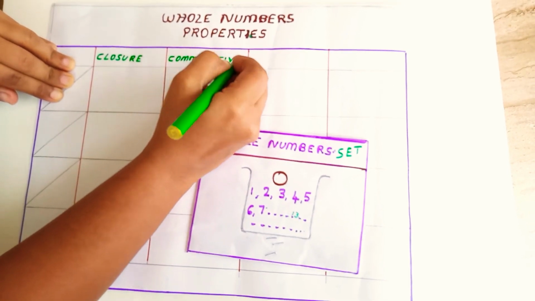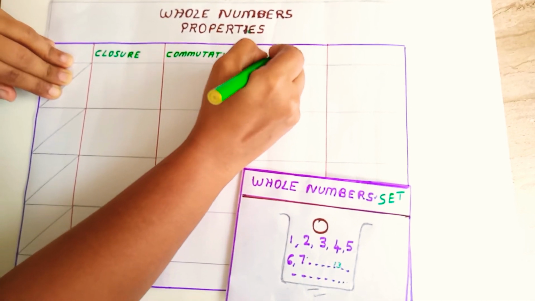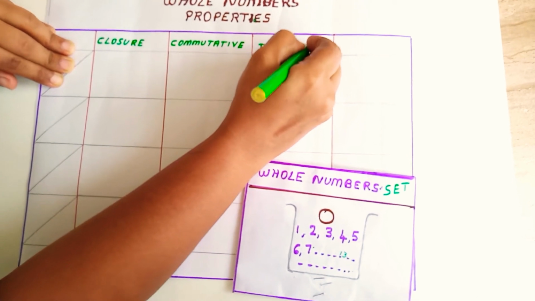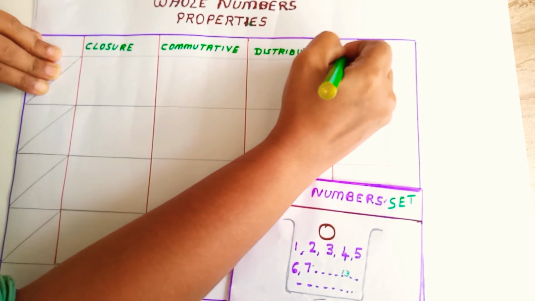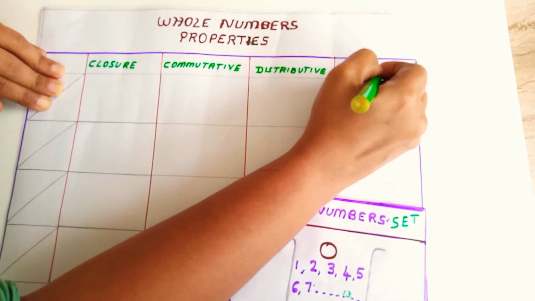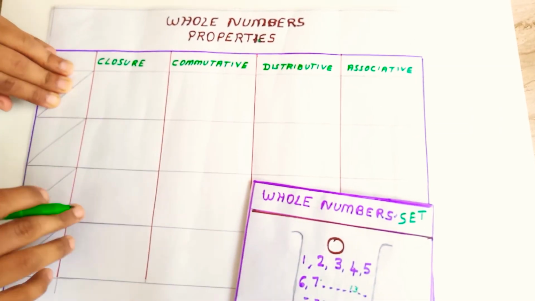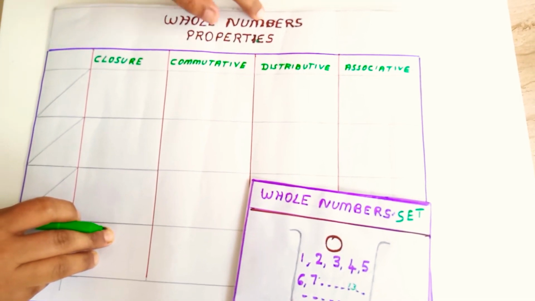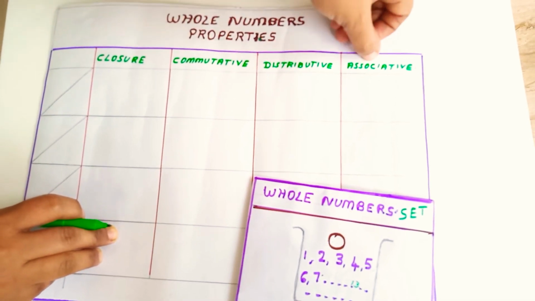Next one is distributive property. Last one is associative property. Four properties are there for whole numbers: closure, commutative, distributive, associative.